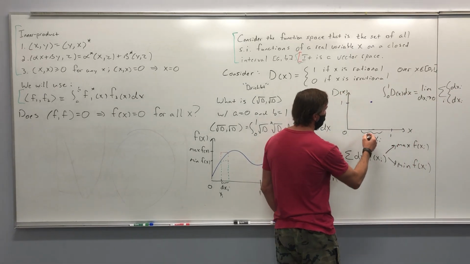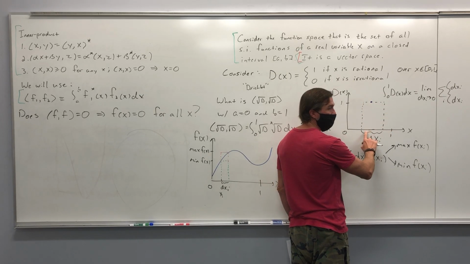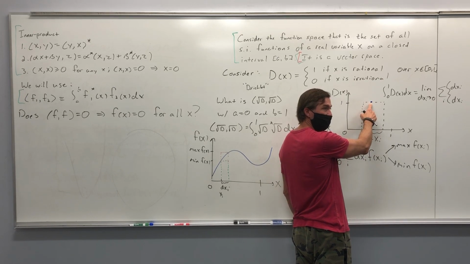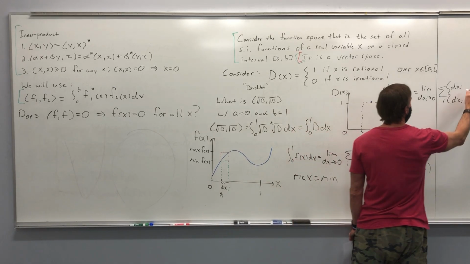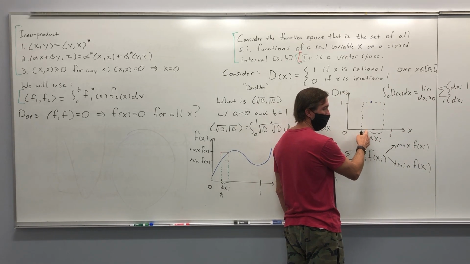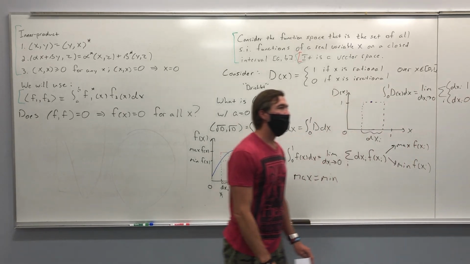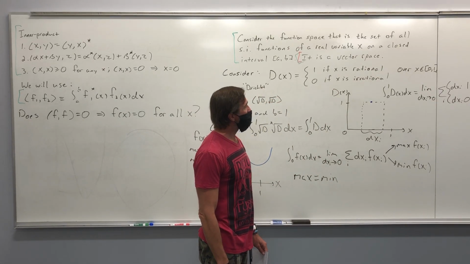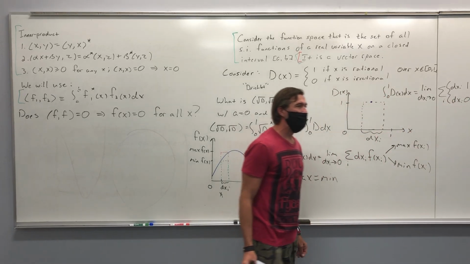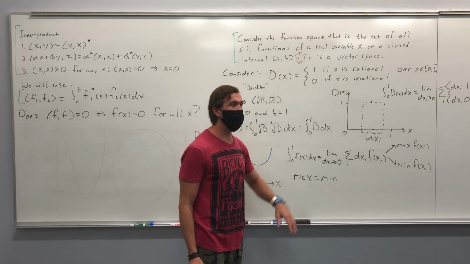We can either take the width of this rectangle and multiply it by the maximum, which is 1, or by 0, which is the min. Well, if you do this integral, are these two going to agree? No, they're not. One of them will give you 1, and one of them will give you 0.